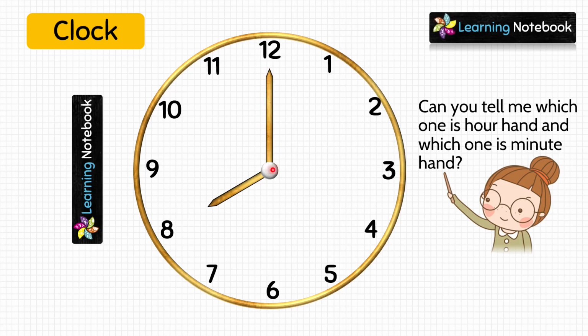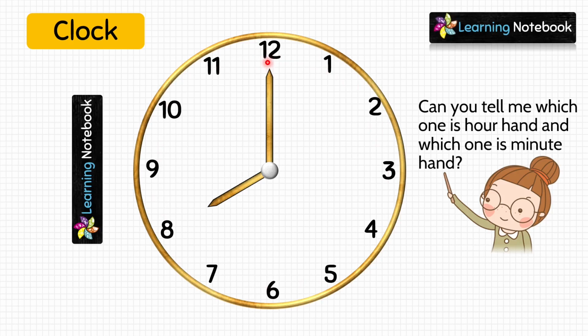So let's understand about the hour hand first. As you can see, a clock has 12 numbers which stand for hours. These are the 12 numbers.